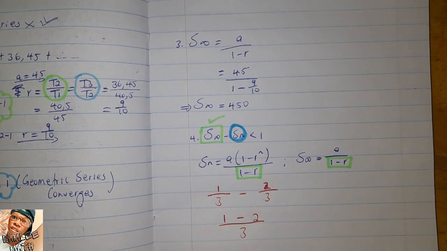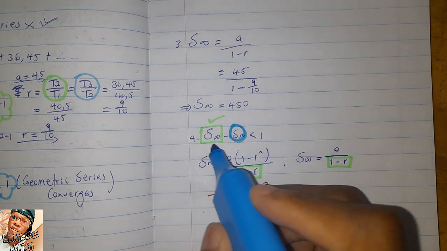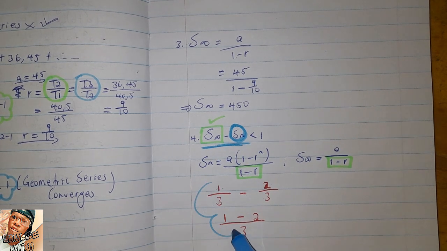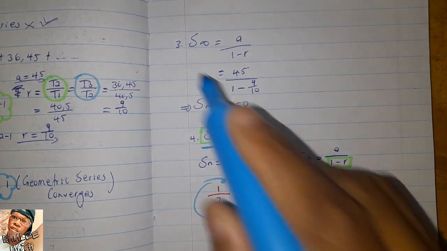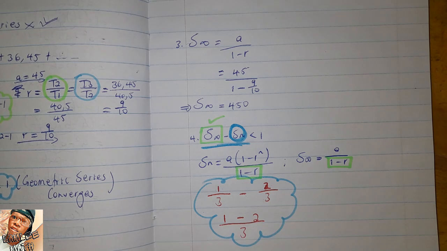So we're going to utilize this same principle to calculate the difference between the sum to infinity and the sum to the number of terms.